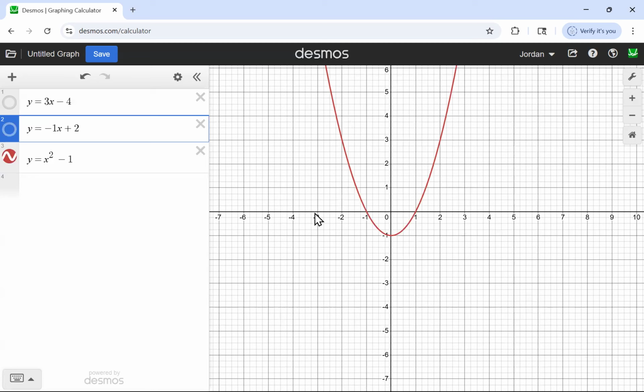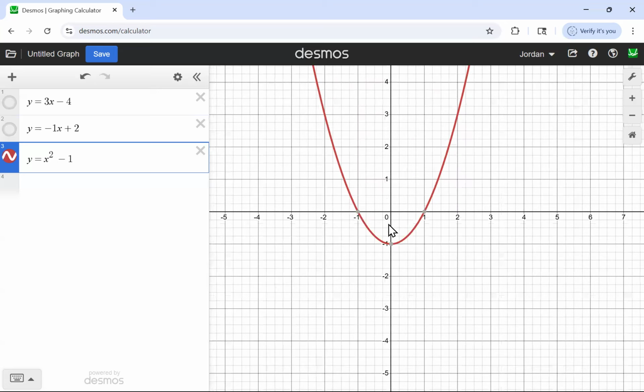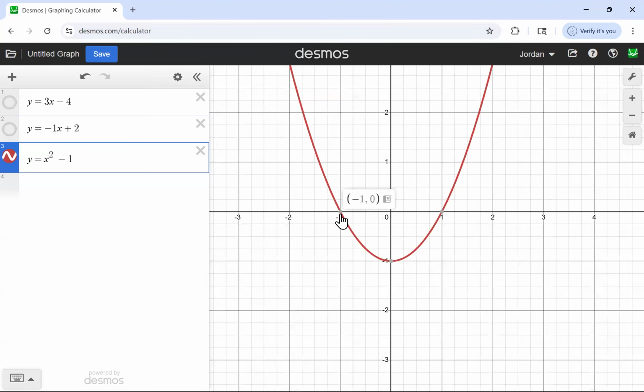And then lastly, we had this parabola, y equals x squared minus 1, and we can see that there are two different places where the graph crosses the x-axis. That was at (-1, 0) and (1, 0), just like we said.